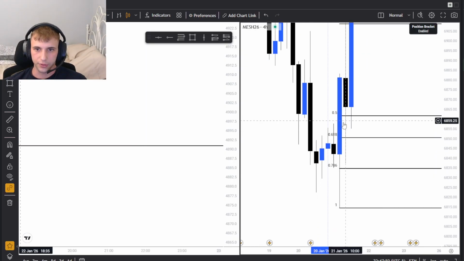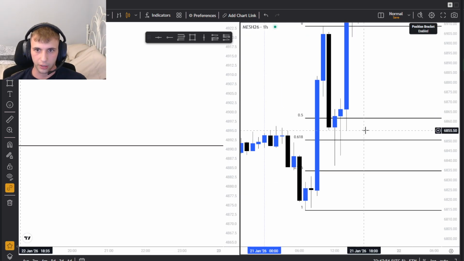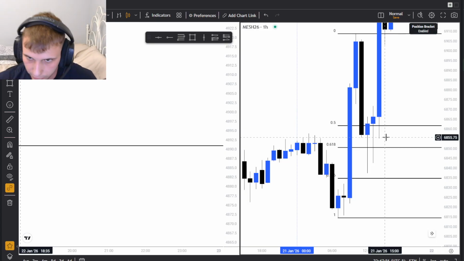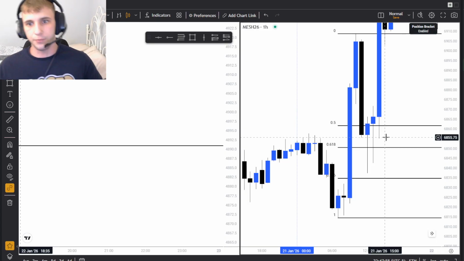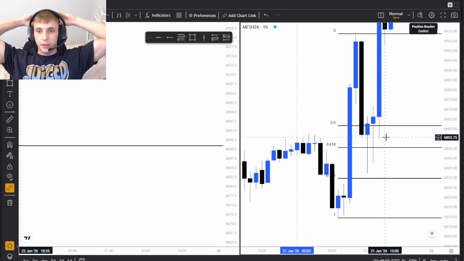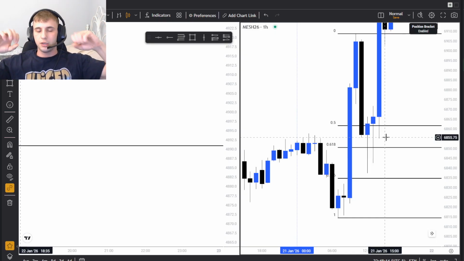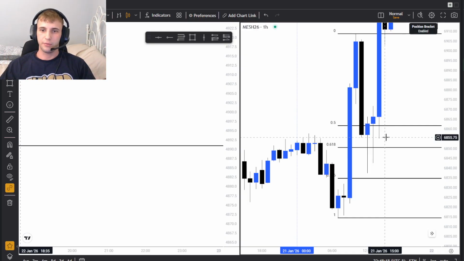Because if we're considering the levels valid in terms of price closing above or below them, that is only going to hold if price closes above or below those levels on its corresponding time frame.